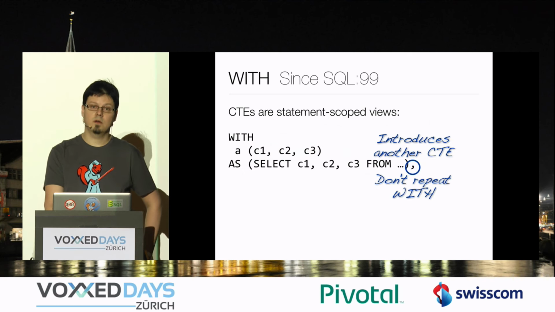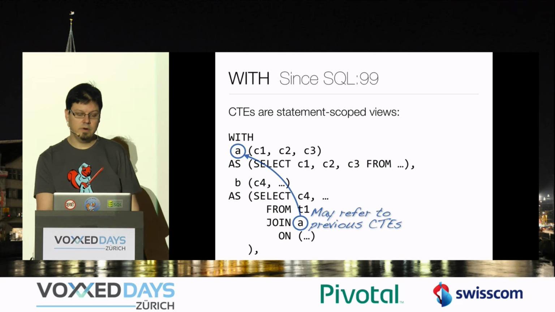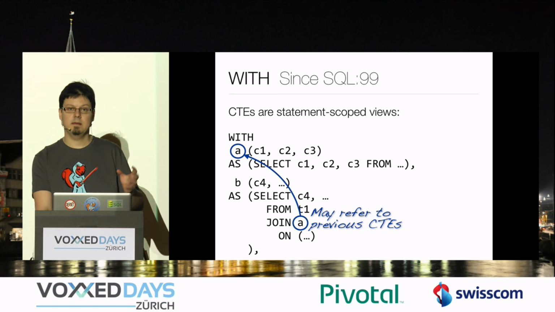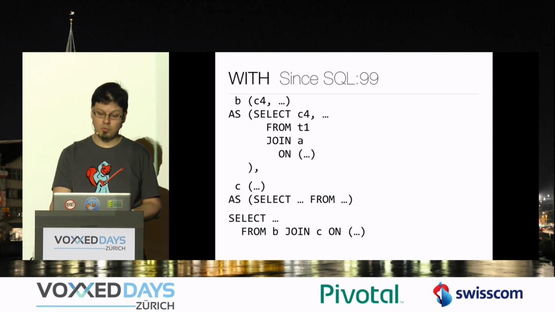However, I can put a comma here to define a second statement scoped query, like B in that example. And here comes the magic. This B can already refer to the just defined one, to the A. And this makes it possible to unnest queries and make them chained, which is quite handy to make it more readable.